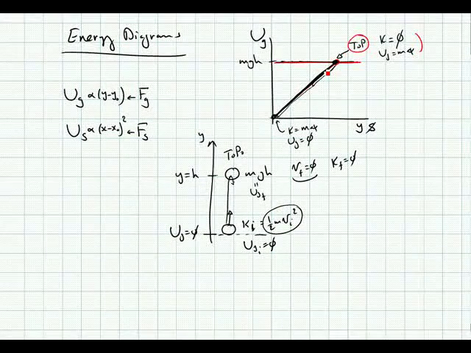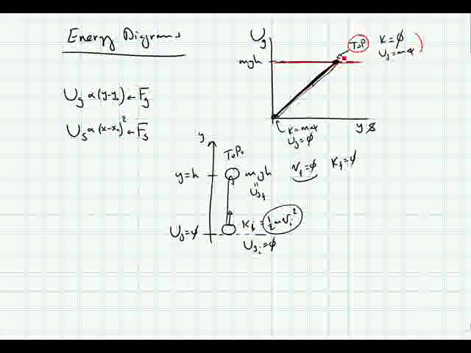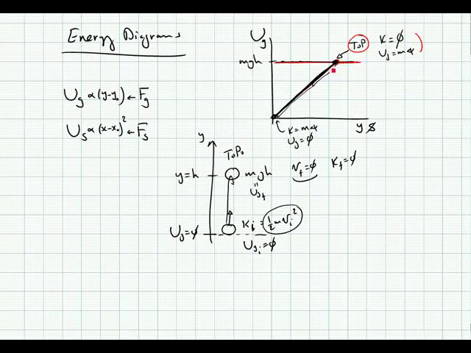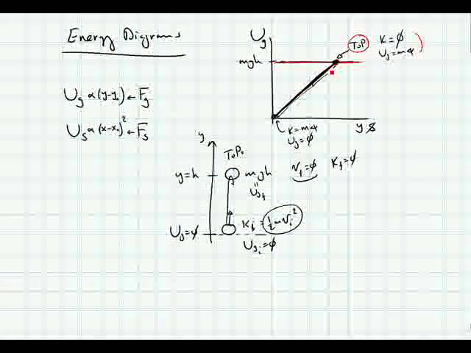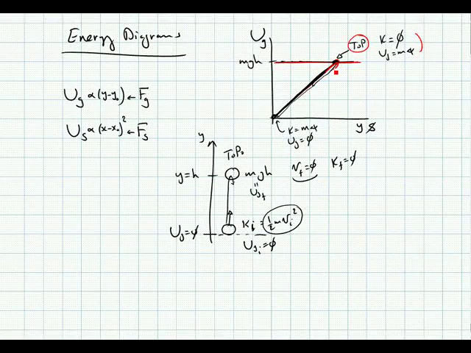That means that an object cannot exist above the total energy line that it has. At the turning point, the object must turn around and follow the path downwards.